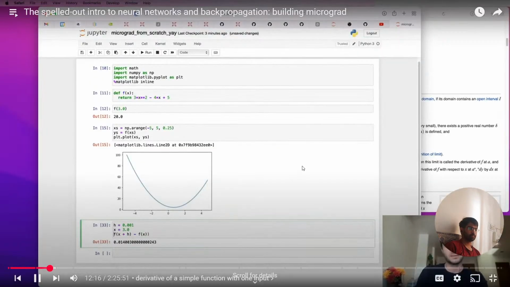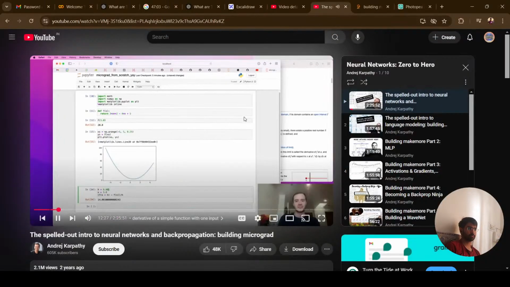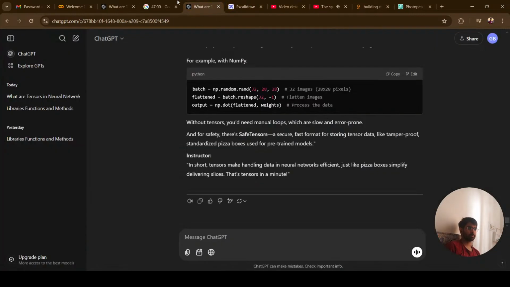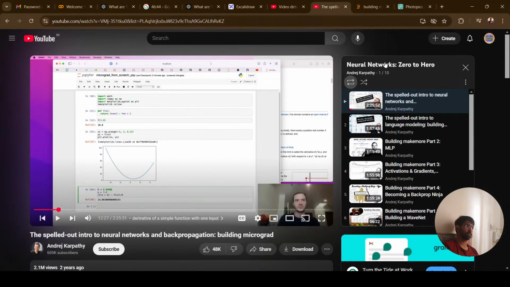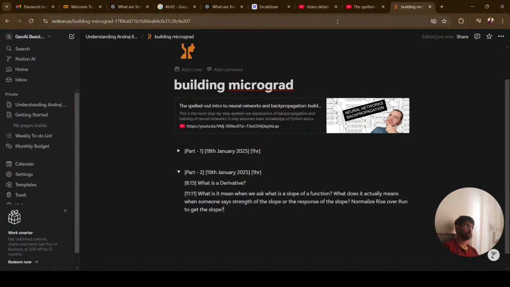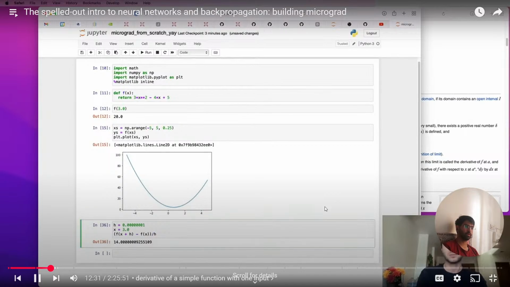The function responded in the positive direction, and we have to normalize by the run, so we have the rise over run to get the slope. So this, of course, is just a numerical approximation of the slope. We make h very, very small to converge to the exact amount.